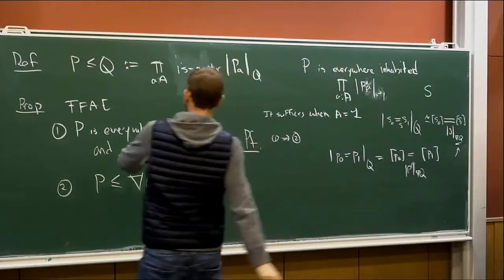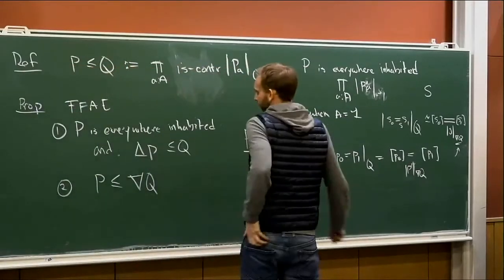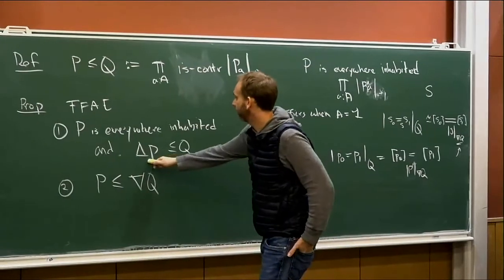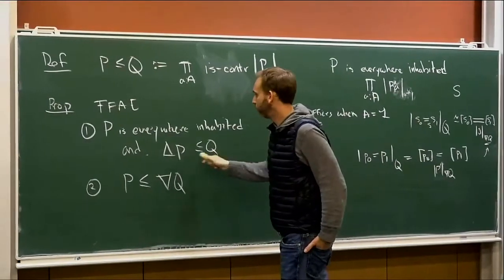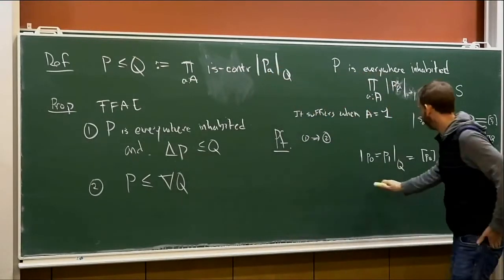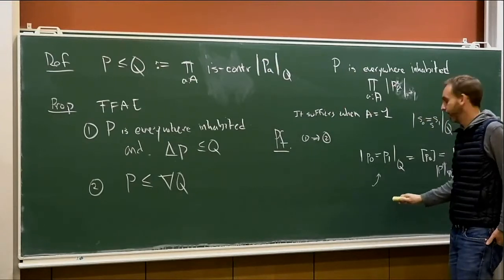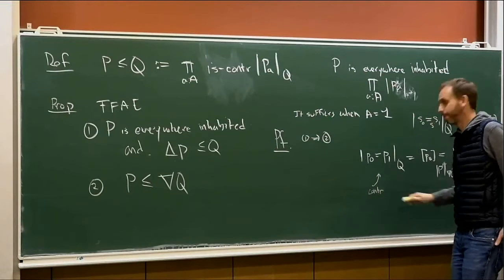And so what's my assumption here? My assumption is that P is everywhere inhabited, and the diagonal of P is less than Q. That means if I apply Q to any diagonal, any path space in P, I get a point. That says that the left-hand side is contractible. Yeah, that's my assumption.